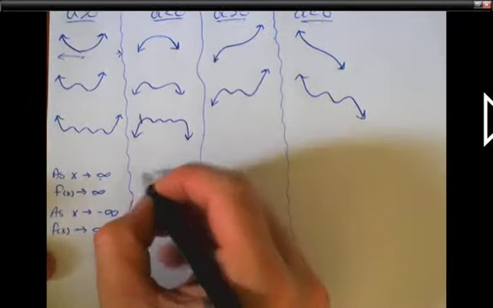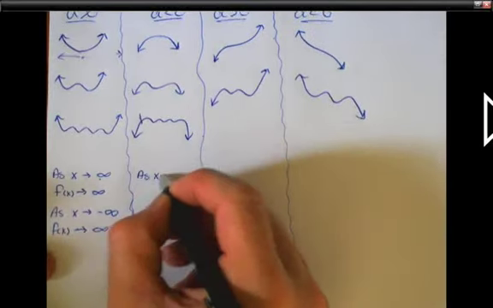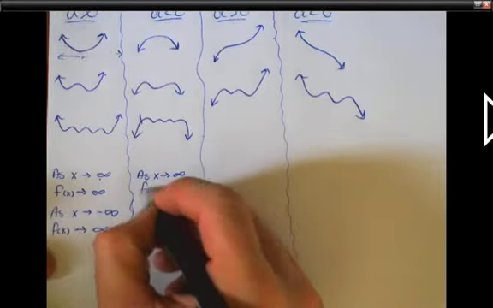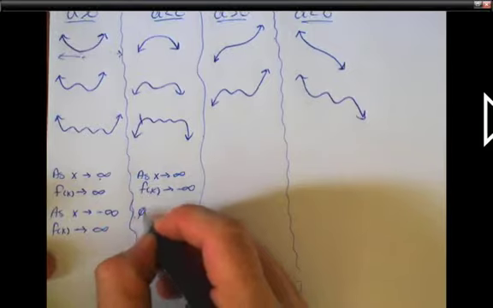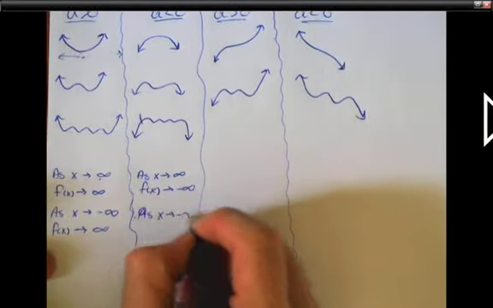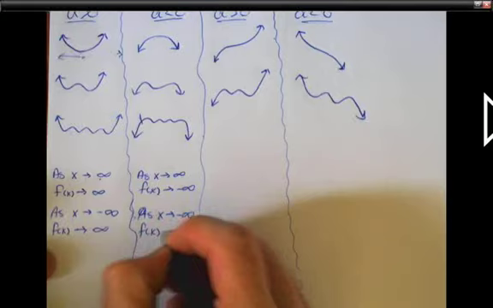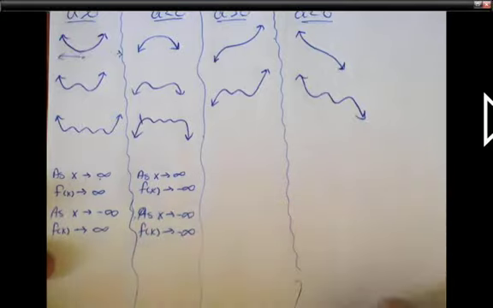And we can just fill this out. As x goes to infinity, f of x goes to negative infinity. As x goes to negative infinity, f of x goes to negative infinity as well.